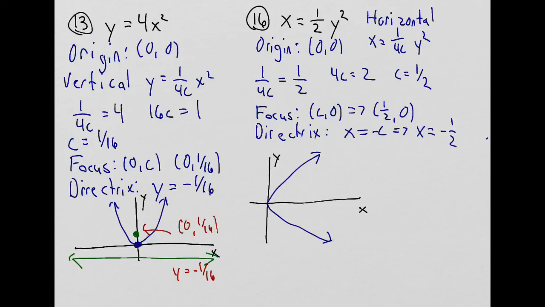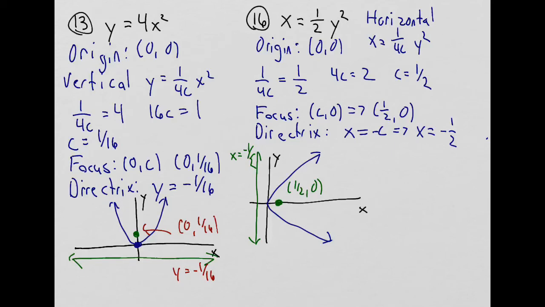And then there's my focus, and there's my directrix. I'm just going to label them: it's (1/2, 0), and x is equal to negative 1/2.